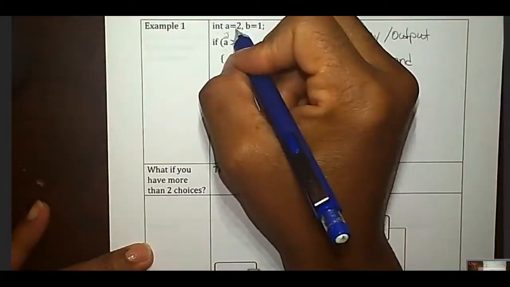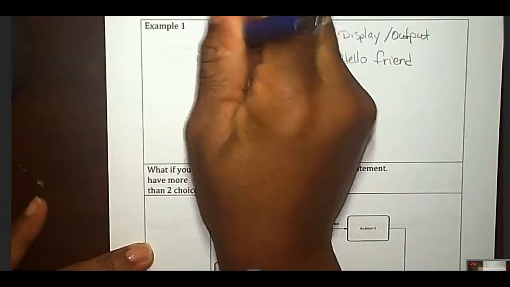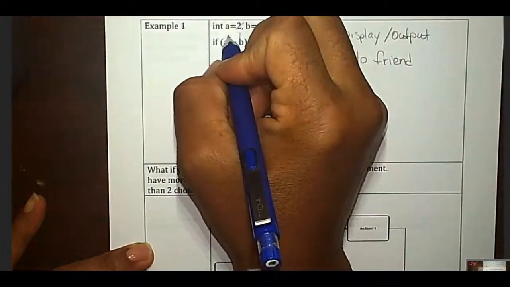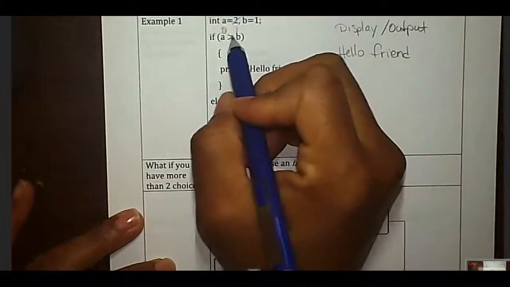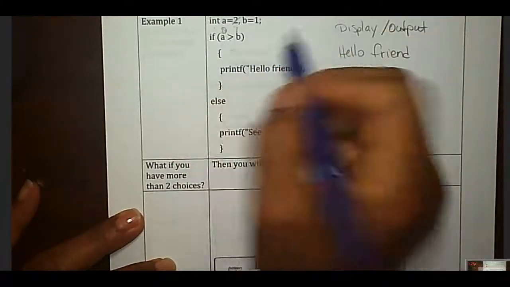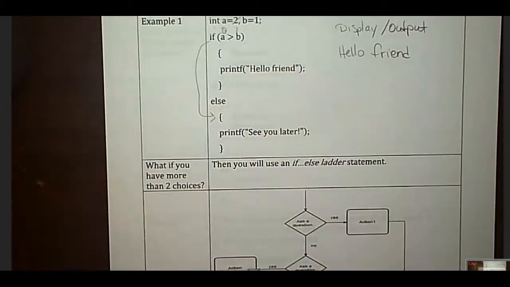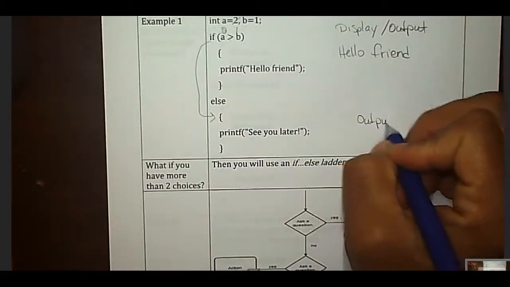What if we changed it and we made A equal 0? Okay? So then if we go through, A is equal to 0. Now 0 is not greater than 1. So then program flow is going to jump down to the else, and it is going to print, see you later.